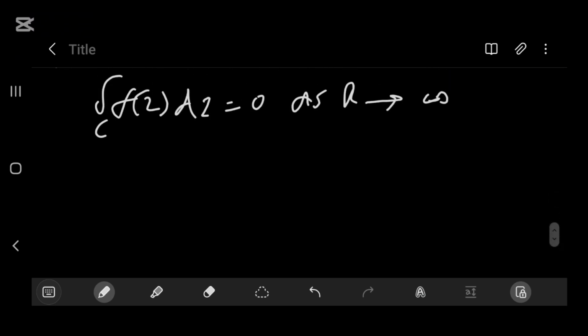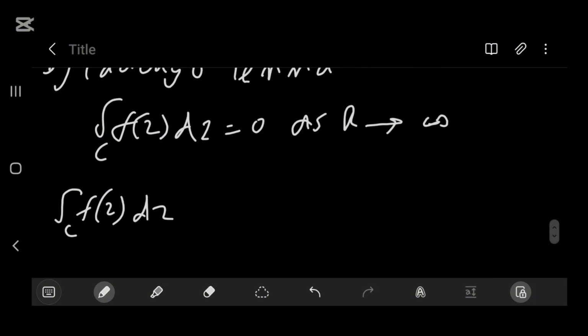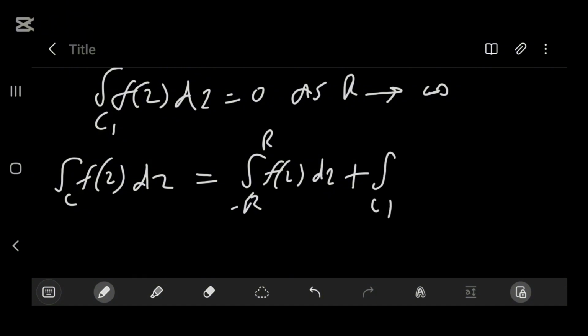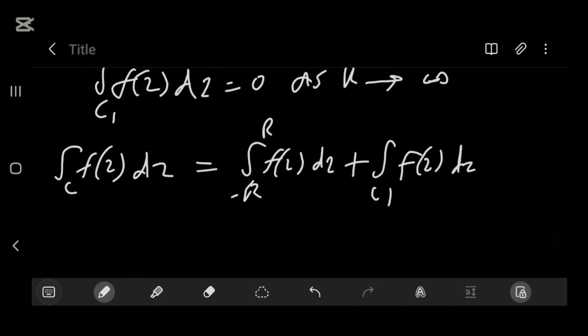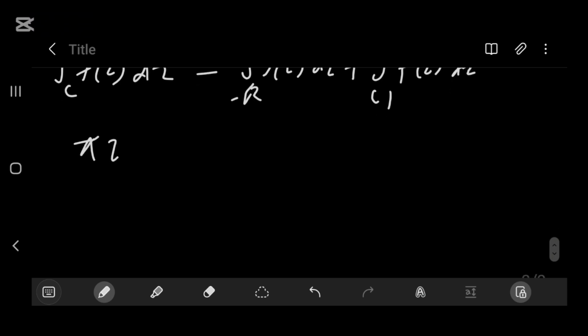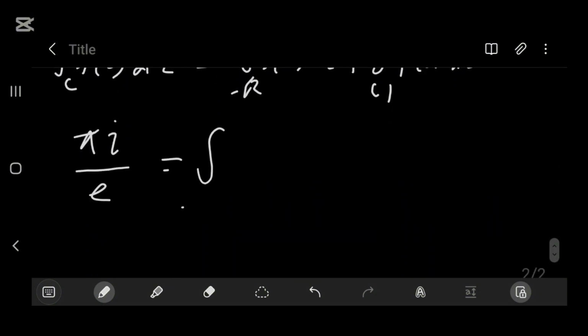So the contour integral of f of z dz equals the integral from negative R to R of f of z dz plus the curve integral of f of z dz. For the contour integral we have pi times i over e, which, when R approaches infinity, equals the integral from minus infinity to infinity of f of z dz plus 0.